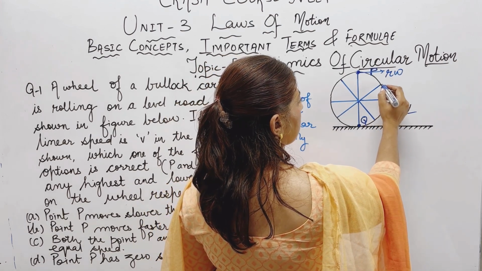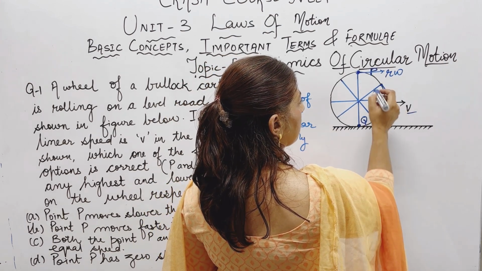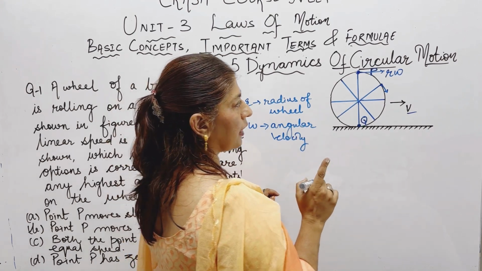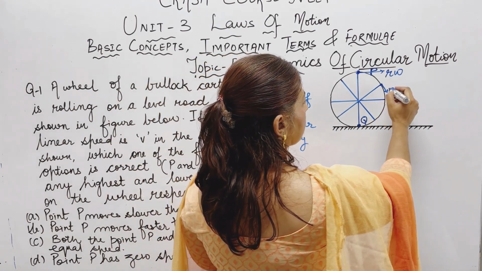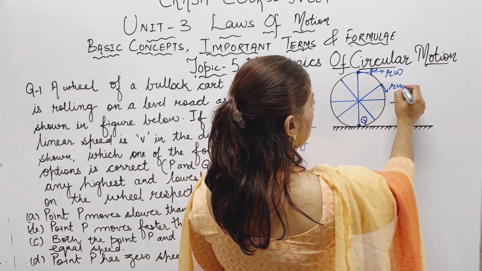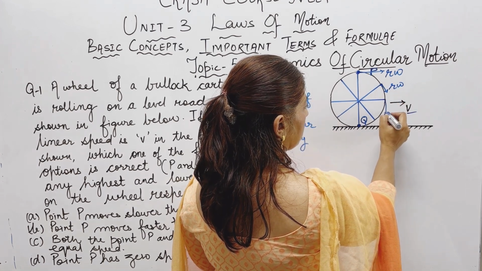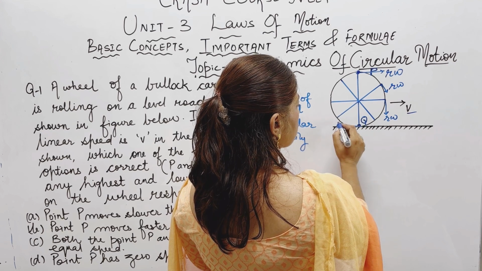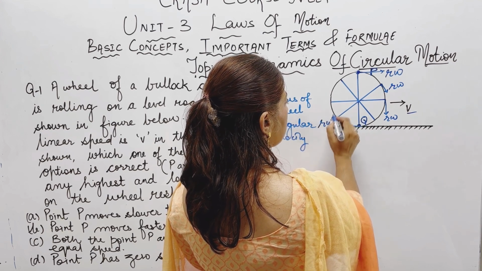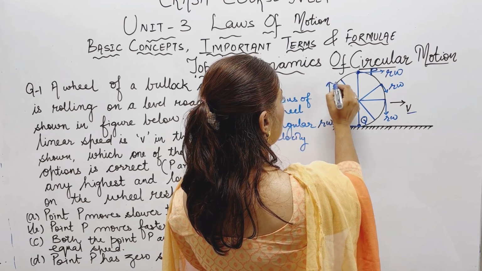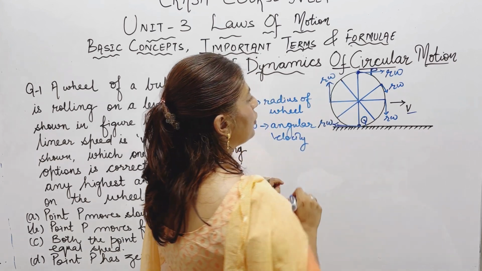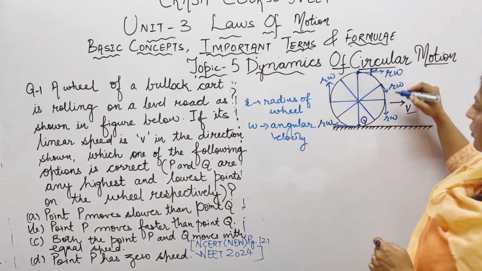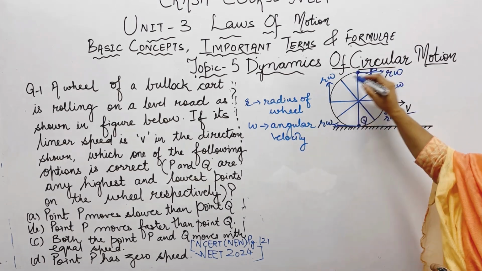At every point its direction lies along the tangent. So the direction of r omega keeps changing at every point.